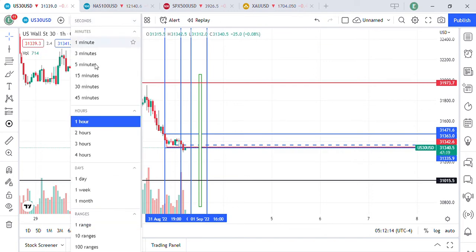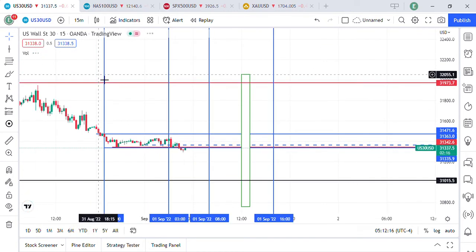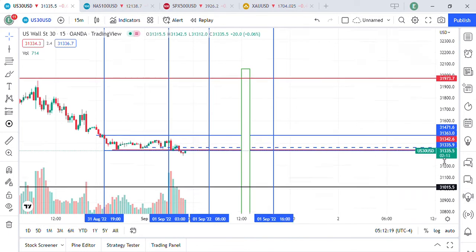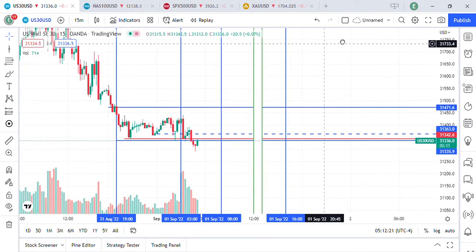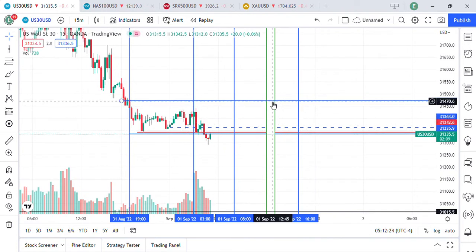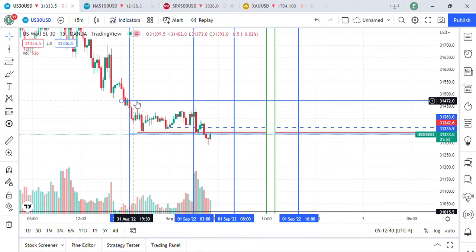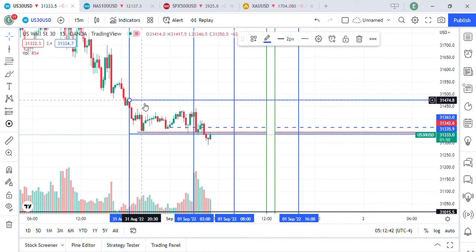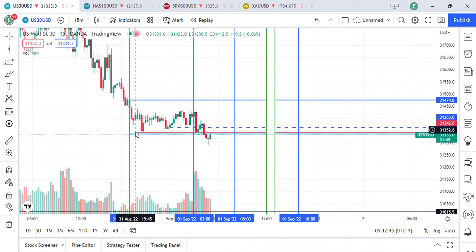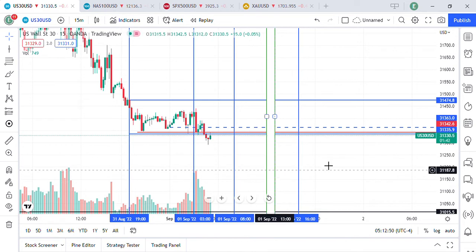Okay, so now we're going to the 15-minute time frame. Remember, this is New York lunch right here, from 12 noon to 1 o'clock. This red line here is yesterday's low, and this is Asia's high right here, and Asia's low right here, the blue horizontal lines.